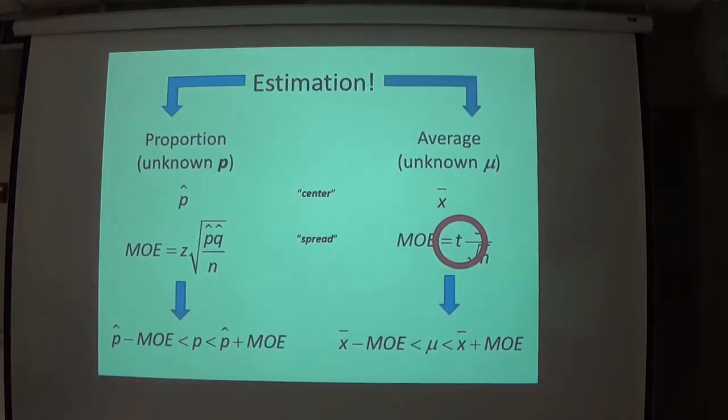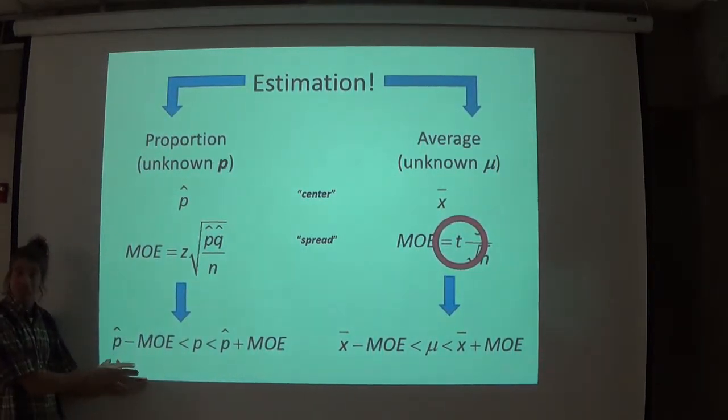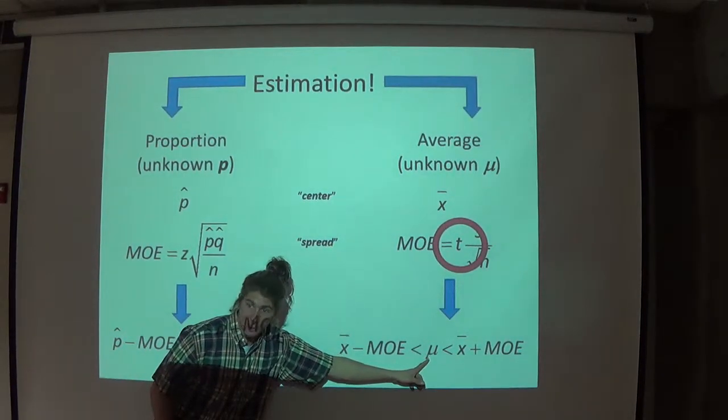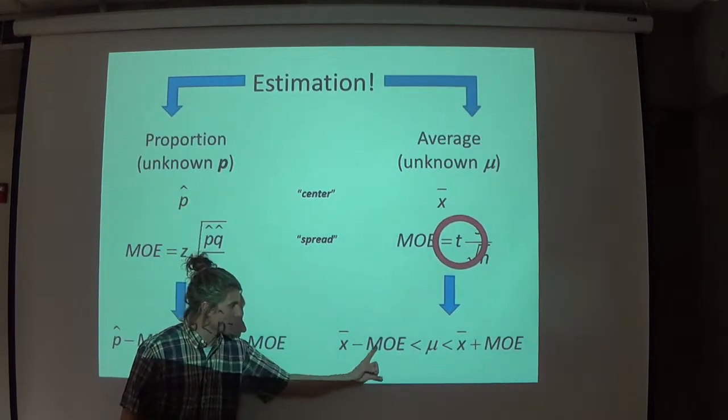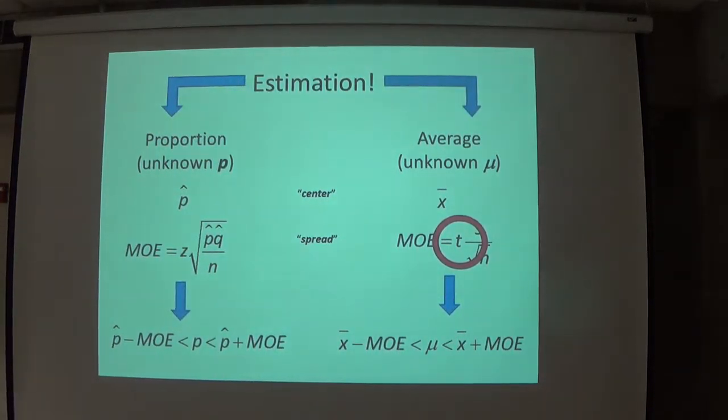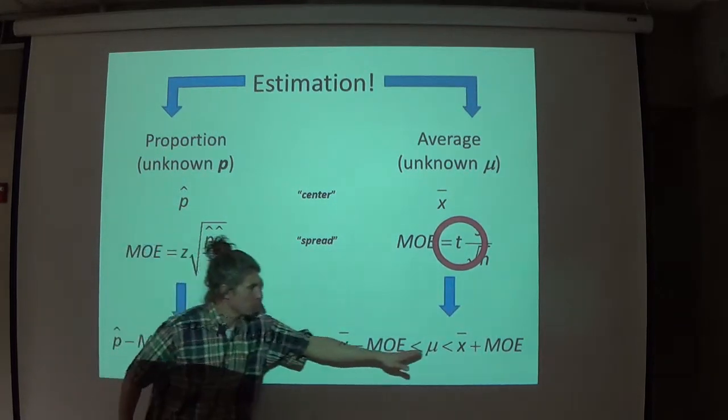And the idea is, just like with proportions, that what you're looking for, in this case mu, is going to be somewhere between your center minus that margin of error and your center plus that margin of error. That's the idea. 95% confidence that the parameter you're estimating is between a margin of error above and below your sample center.